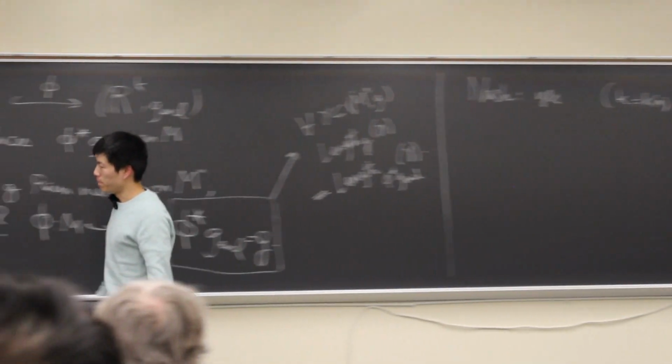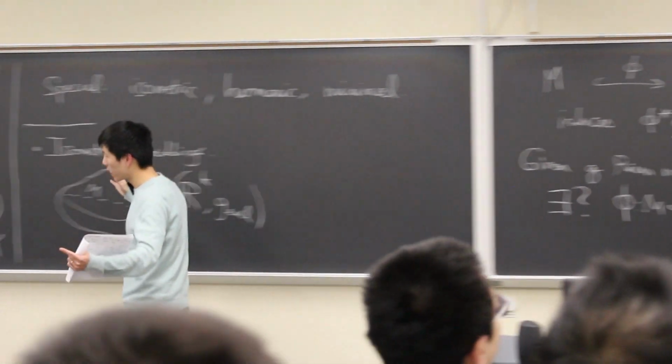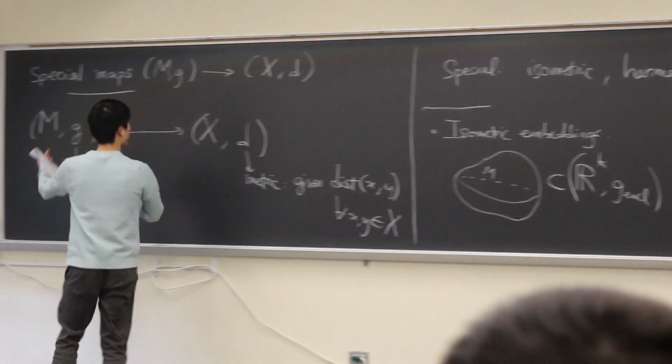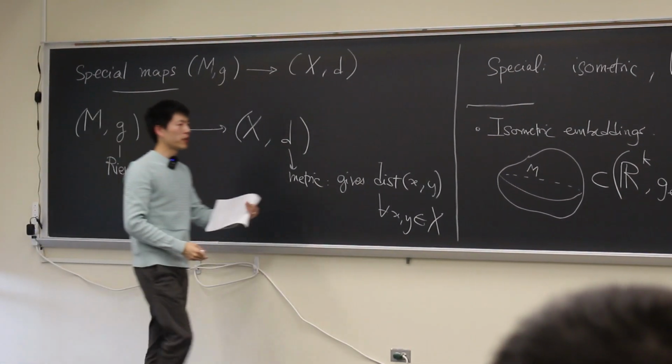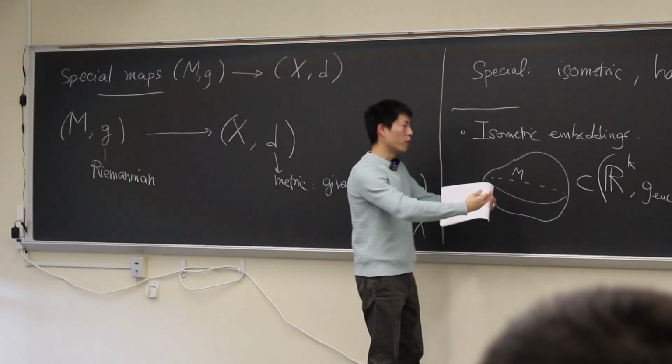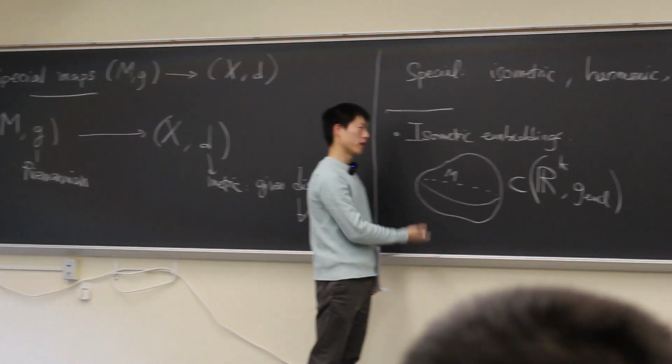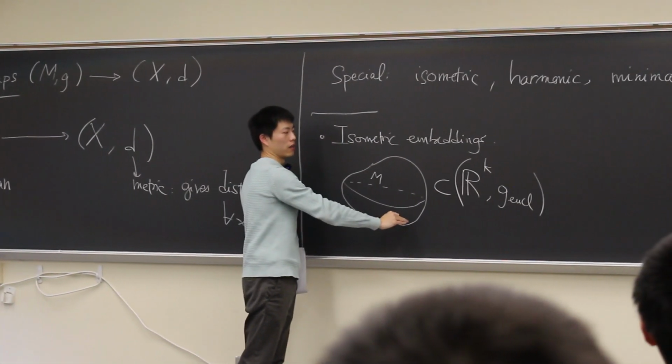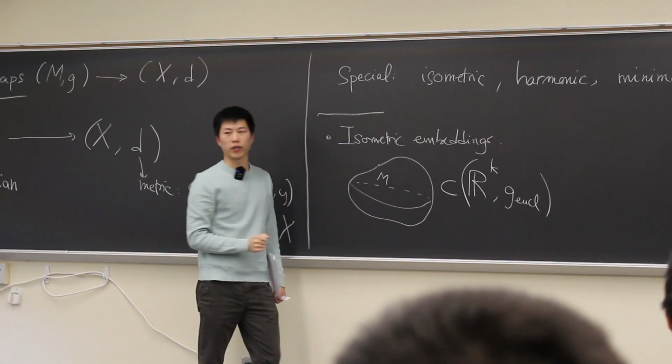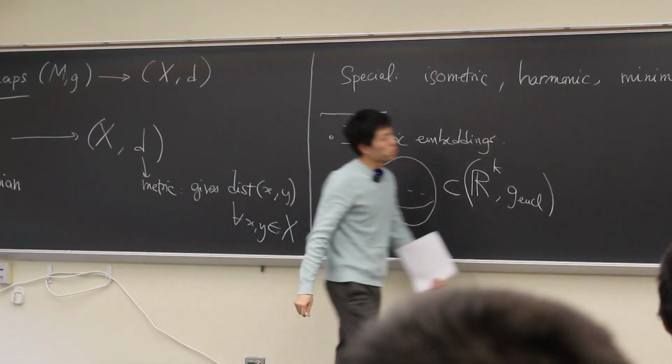And again, that's nice because it's saying that all the abstract Riemannian metrics that you can put on the manifold M are simply equal to all the concrete metrics that you can obtain just by restricting the flat Euclidean metric in Euclidean space.